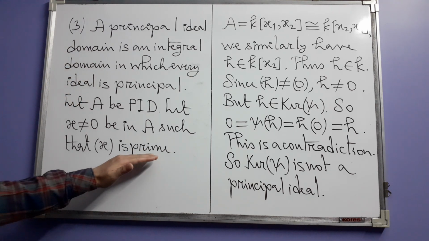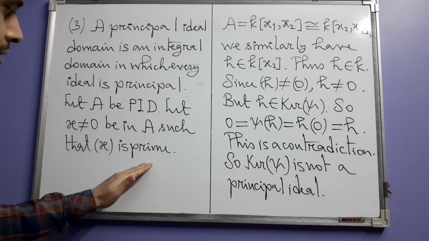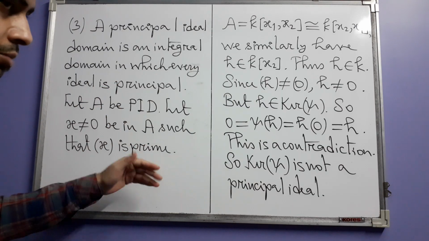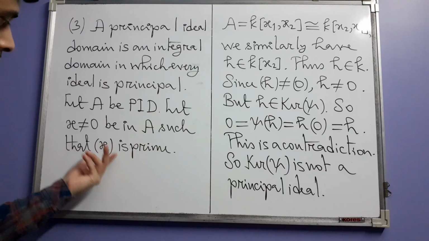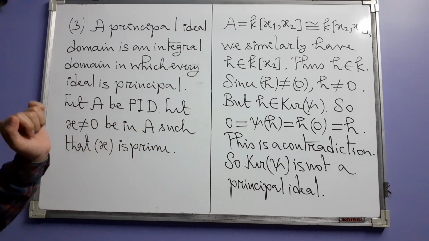Keep in mind that every ideal will look like this. Every ideal by definition is a principal ideal. That is why when we are considering prime ideals, they will also look like this, and we want it to be non-zero. So we have chosen X non-zero.